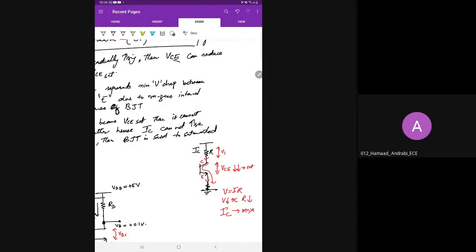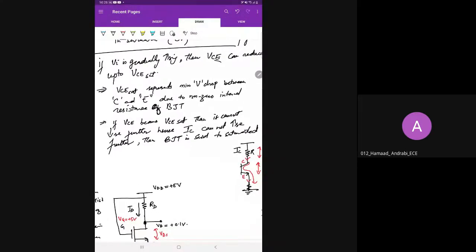In other words, IC also becomes saturated. So that is what I said: if VCE becomes VCE saturation, then it cannot decrease further, hence IC cannot increase further. Then the BJT is said to be saturated.